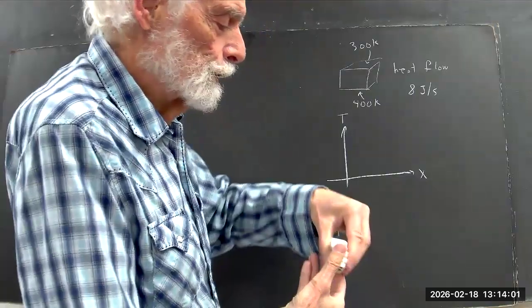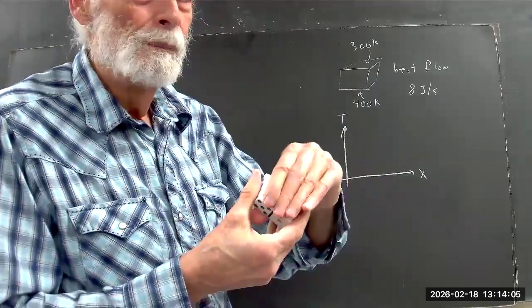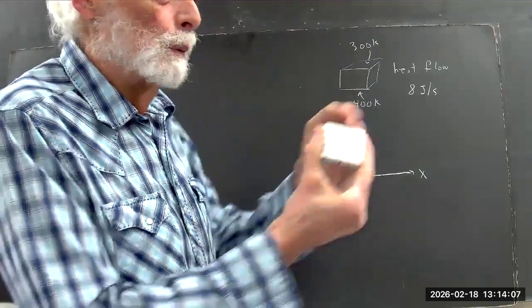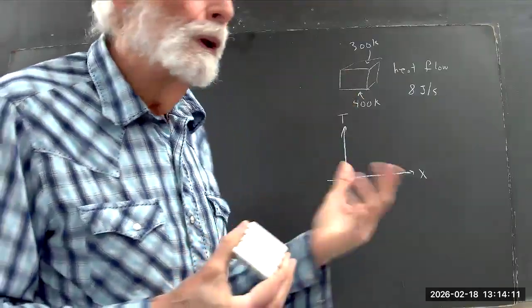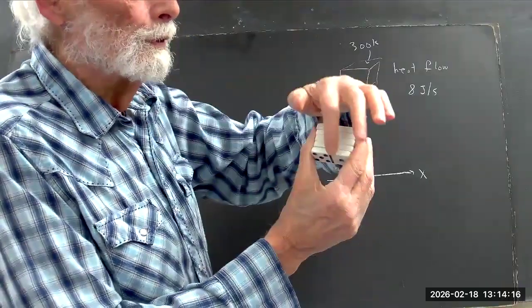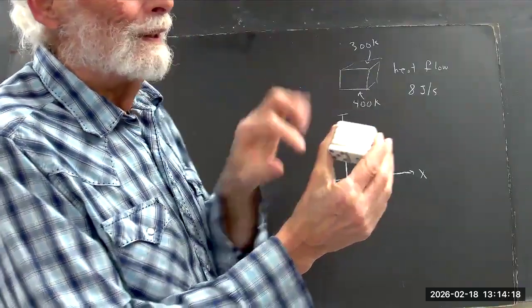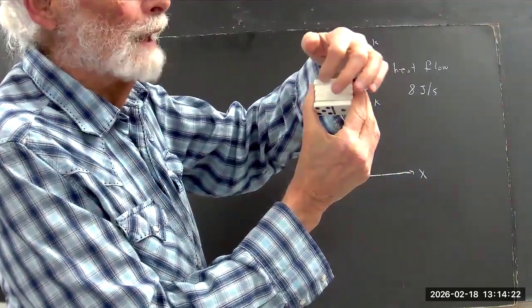All right. So the question is now, if the bottom is at 400 and the top is at 300, at what rate would energy be flowing through here? Well, we digress to the question of what the temperatures would be at each interface between the dominoes.